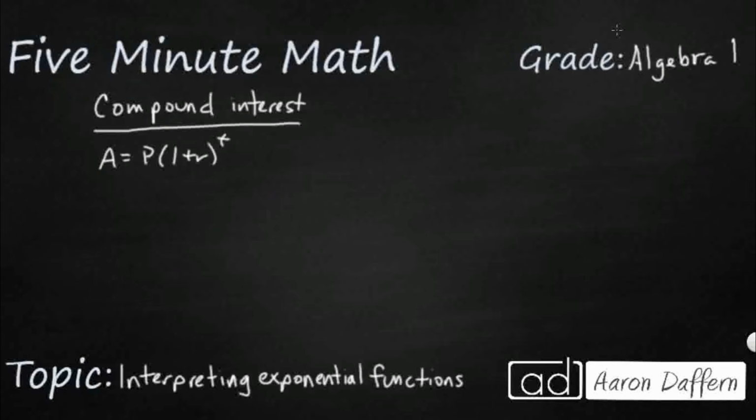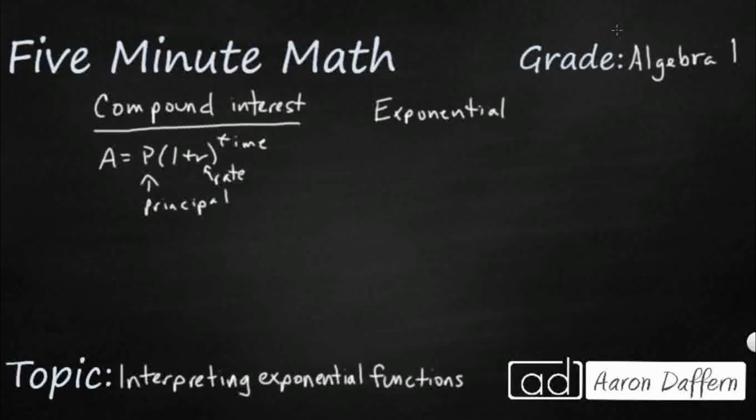P is your principal, then you have 1 plus your rate, and the exponent would be time, and that would be your compound interest. What we do now is look at it through an exponential lens, and you will see that it is very similar.